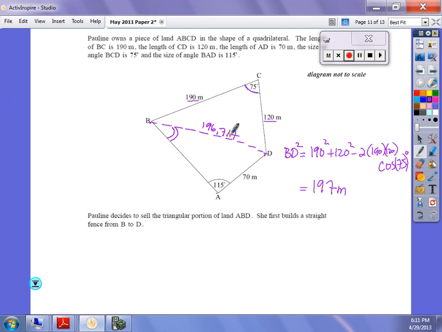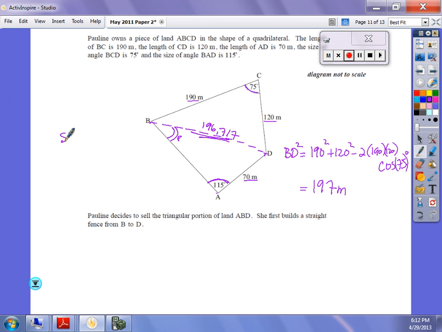So let's see, what information do I have here? I know this side and I want this angle, so I've got a side across from an angle, and I have another side across from an angle, so I have an appropriate use for the law of sines.